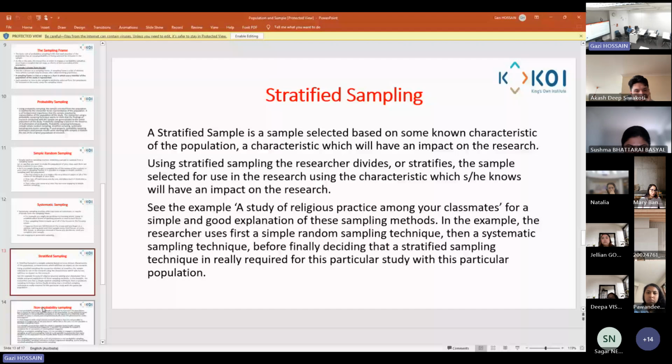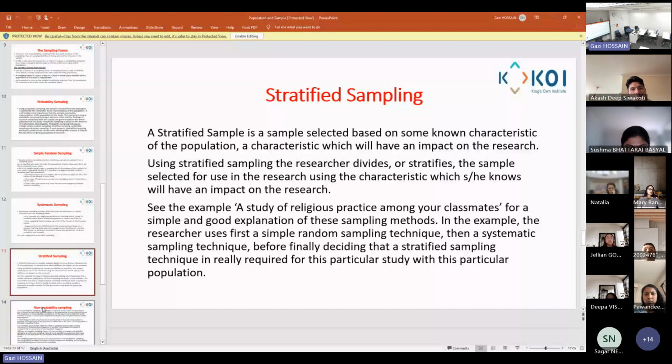A stratified sampling. A stratified sampling is a sample selected based on some known characteristics of the population, characteristics which will have an impact on your research. Known characteristics.